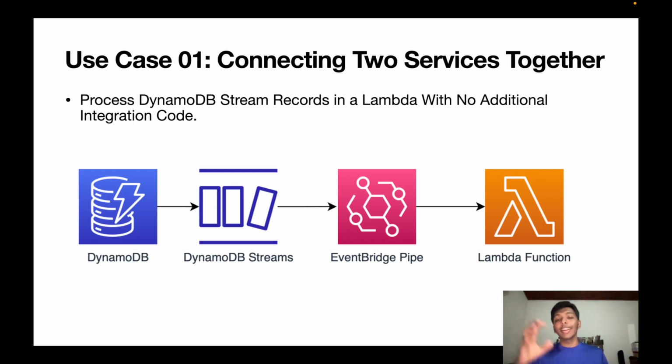You don't have to worry about creating the event source subscription, the batching window and batch sizes, or handling partial errors. You can just let EventBridge pipes take care of that with a point-to-point integration, where you go to the EventBridge pipe in the AWS console, select your source and your destination, and click create pipe, and that will provision everything that you need.